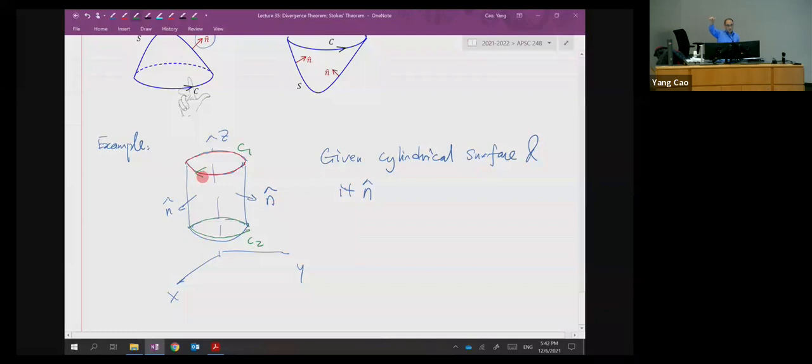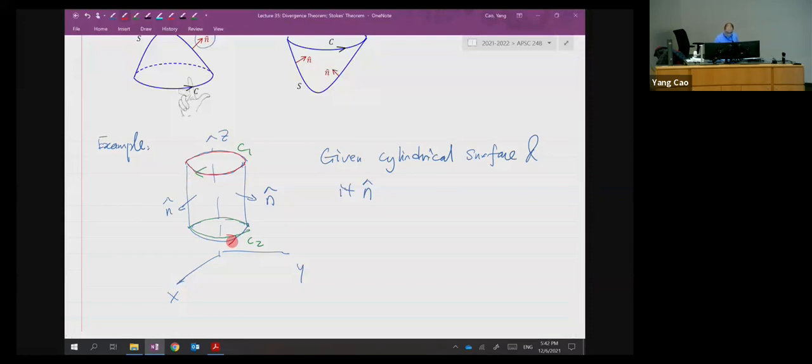Use the rule we just practiced: thumb points to the direction of the curve C, index finger tangent pointing downwards, that's how you're tangent to the surface, and then middle finger pointing outwards, which is basically what n hat is given. So C1 should be clockwise. Then C2, you can do that, will be counterclockwise.